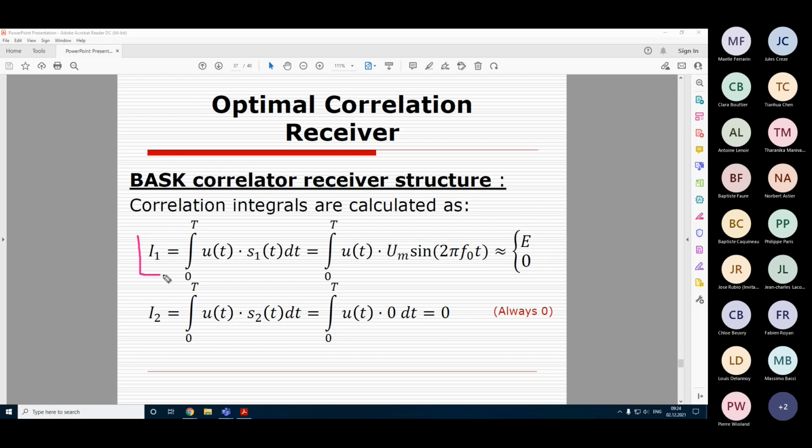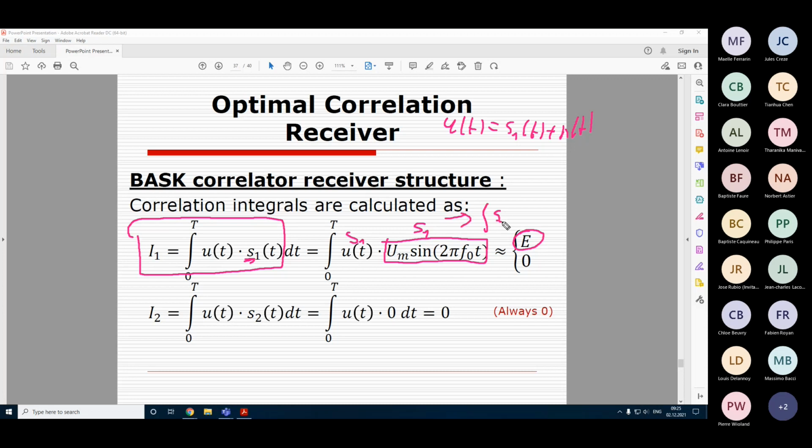If we calculate this correlation integral for the reference signal S1, which is this harmonic signal, and it turns out that U is also signal S1 plus noise, then we are going to have the energy of the signal, because if U is S1 and this is S1, we calculate the integral of S1 squared, which is in fact energy.